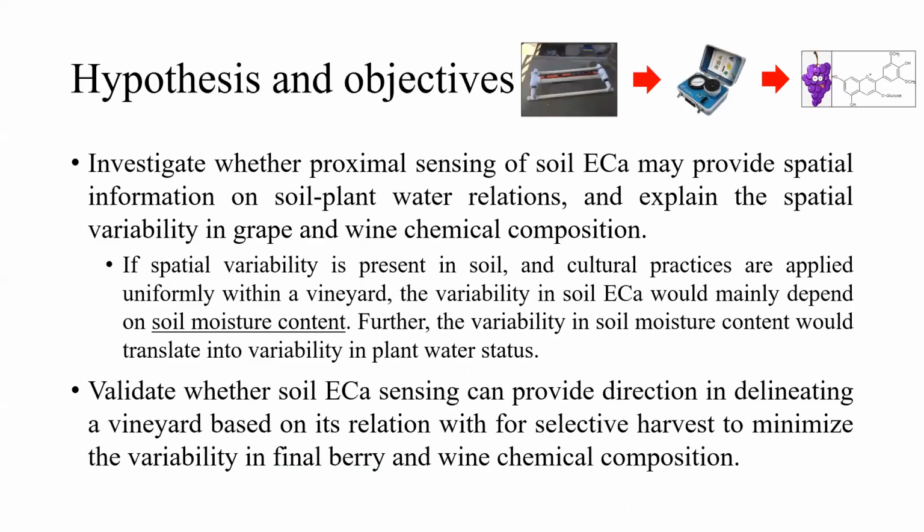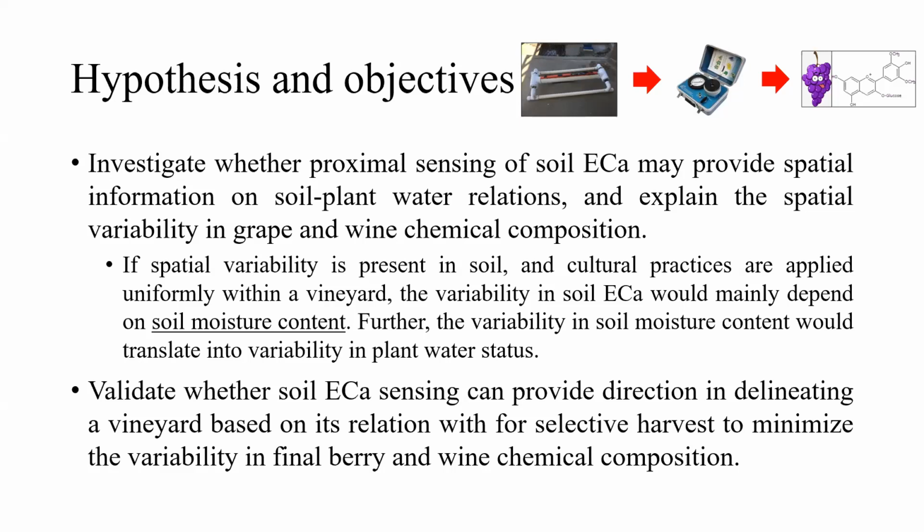Thus, there are two objectives of this study. The first is to investigate whether proximal sensing of soil ECa may provide spatial information on soil-plant water relationships, and explain the spatial variability in grape and wine chemical composition.